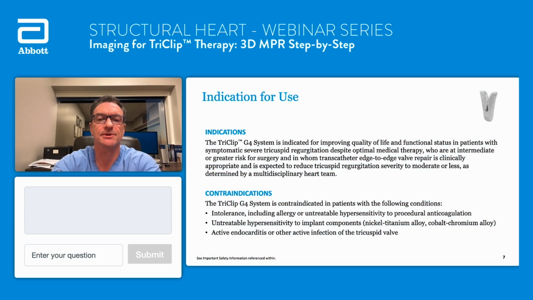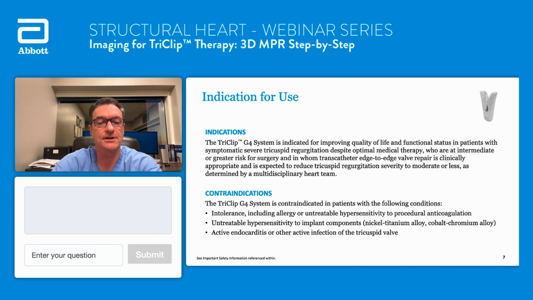We'll jump into a quick review of the indications for use of the TriClip therapy. So the G-Force system is indicated for improving quality of life and functional status in patients with symptomatic severe tricuspid regurgitation, despite optimal medical therapy, who are at intermediate or greater risk for surgery and in whom transcatheter edge-to-edge repair is clinically appropriate and is expected to reduce the TR severity to moderate or less, as determined by a multidisciplinary heart team.